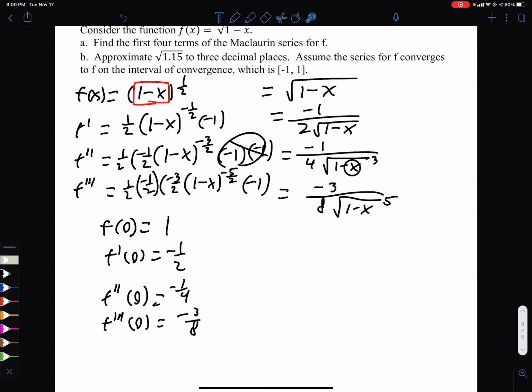So for f prime, or actually f double prime, it should be, something's not looking right here. So the derivative, I move the half in front, decrease it by 1, and multiply by the derivative box. So my derivative should be negative.